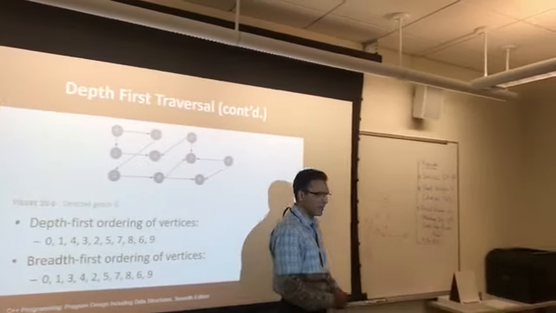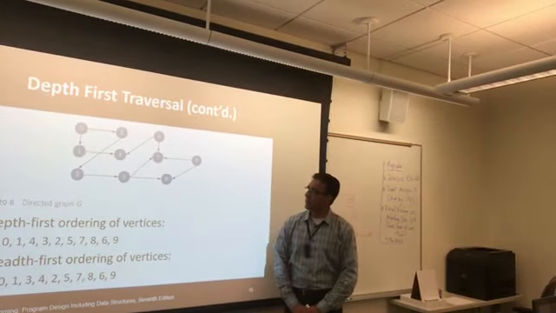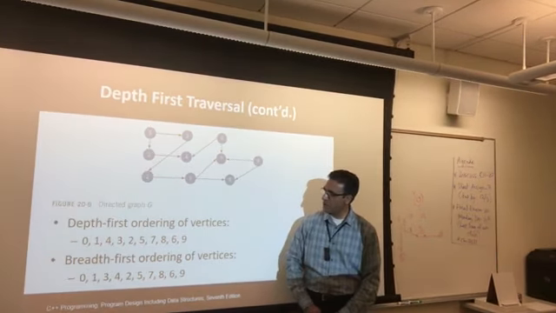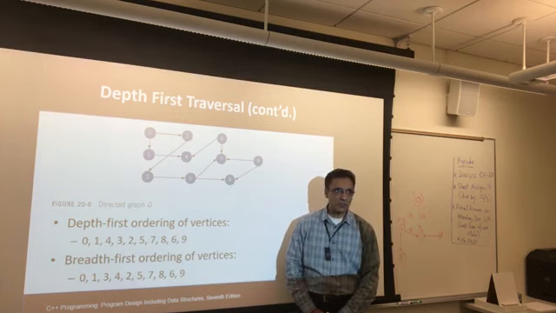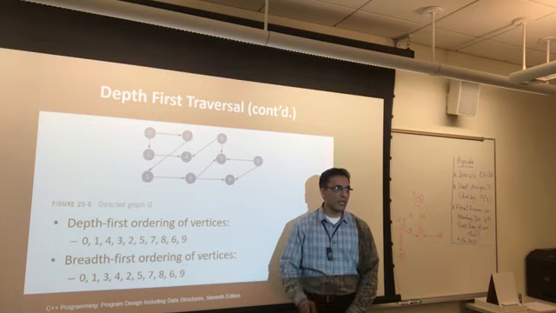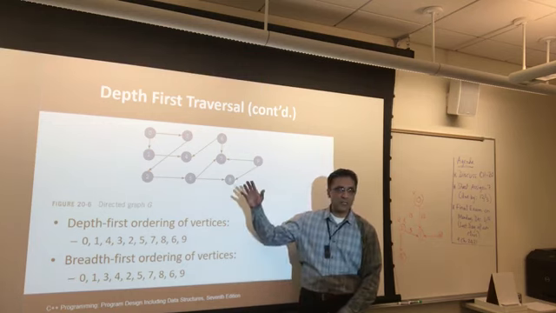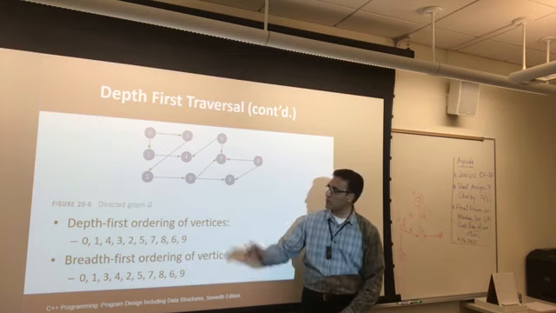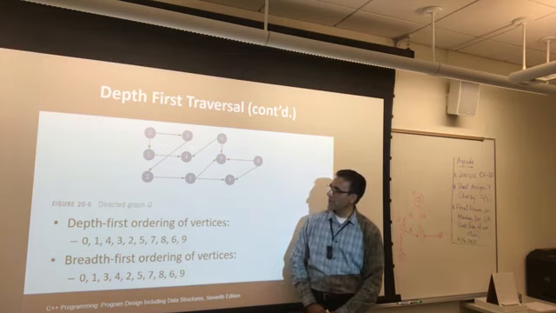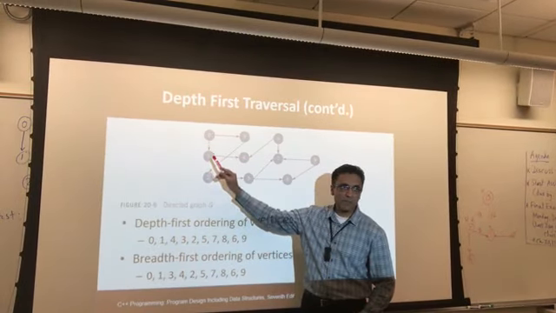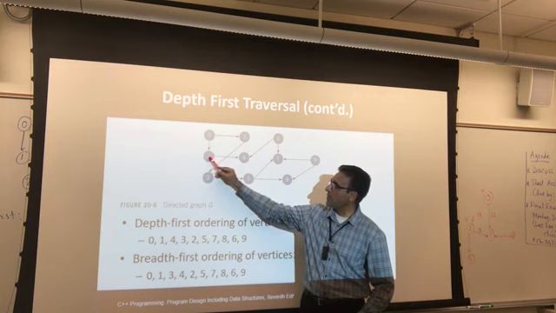Okay, so here's a good example. This is your depth first. I really want you to pay attention to this one, because this will really allow you to understand the differences between depth first and breadth first. In the case of depth first, if you are traversing this graph, assuming this is what the graph looks like, from 0 you will go to 1.